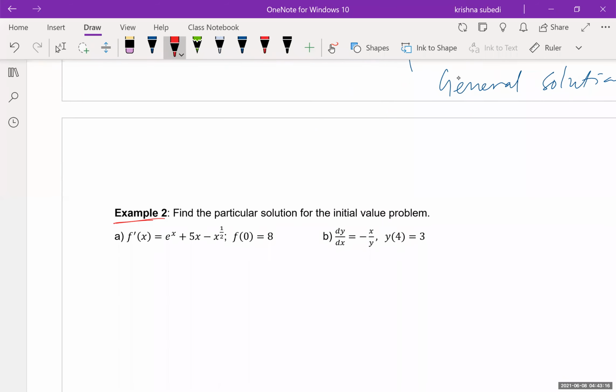In example 2, find the particular solution for the initial value problem. Let's begin with part A. So given, again, when they give you the derivative in this form, or in y prime form or f prime of x form, personally I find it easy to change that into dy over dx.